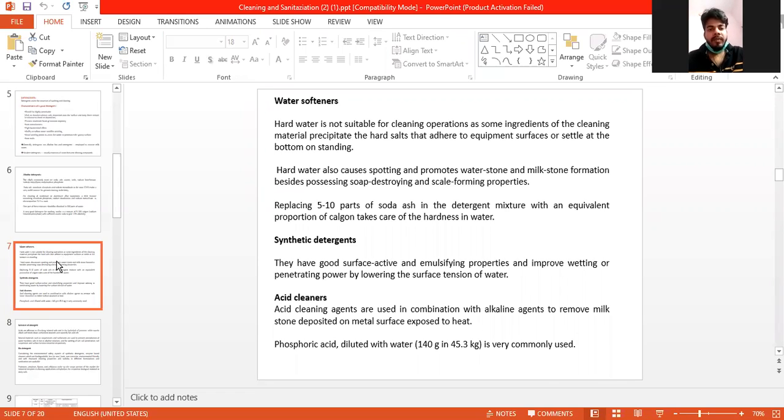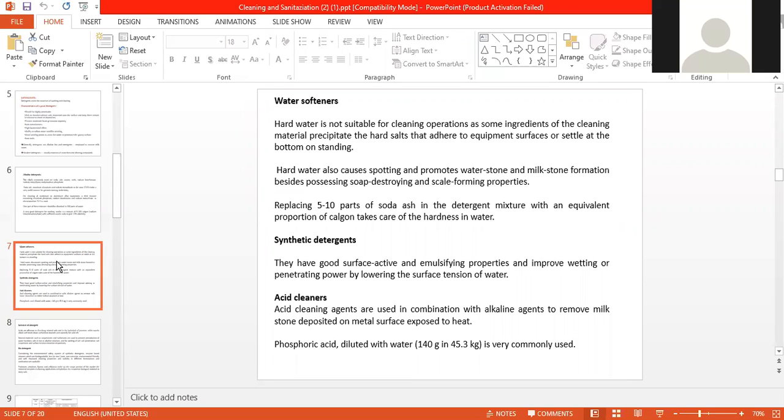So generally, a softening plant is established in the premises of the dairy so we can get soft water. Soft water encourages less deposition of soil on the dairy equipment. Hard water is not recommended for cleaning dairy or food equipment, because hard water retains minerals, and they are deposited on the surface of the equipment, which is known as fouling.